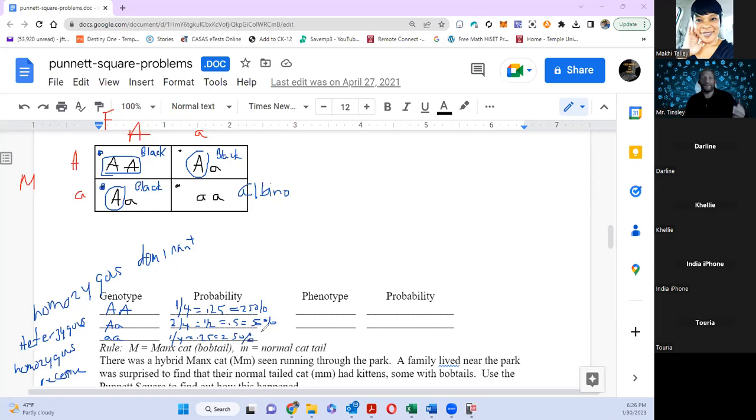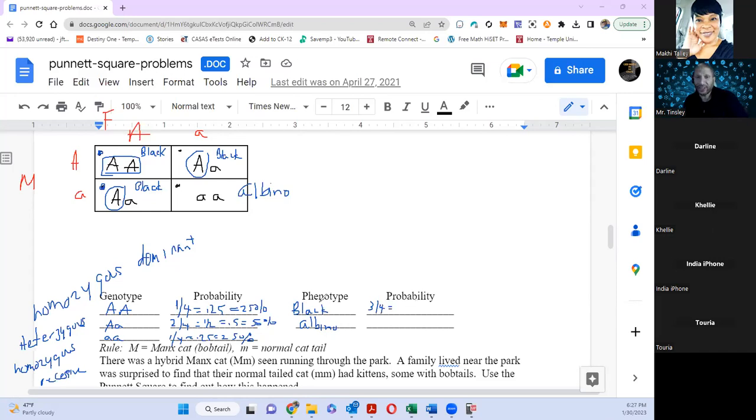25%. Now, the phenotype is the actual trait. Is it black rat or is it albino? How many black do I have? 3. 3 out of how many? 4.